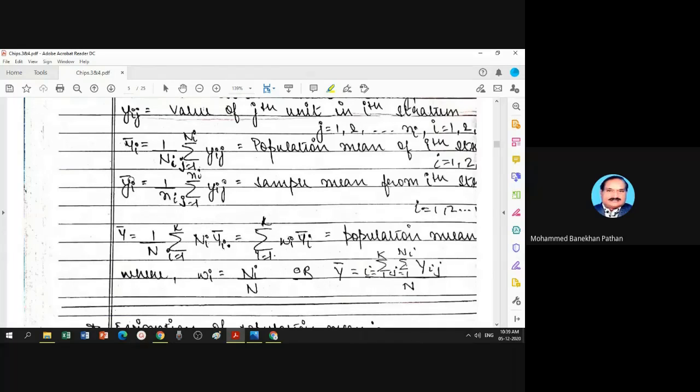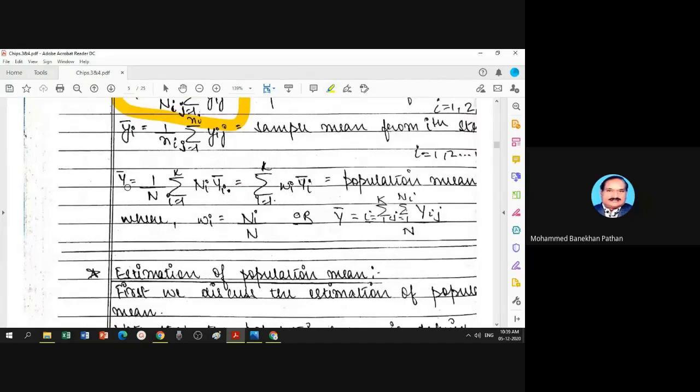Now here I replace it with small yi bar, so it is a sample quantity. With respect to this, we have a sample quantity like this, the sample mean from the ith stratum. This is calculated for capital Ni values; this is calculated for small ni values drawn from capital Ni. So the sample mean for the ith stratum, the population mean of the ith stratum.